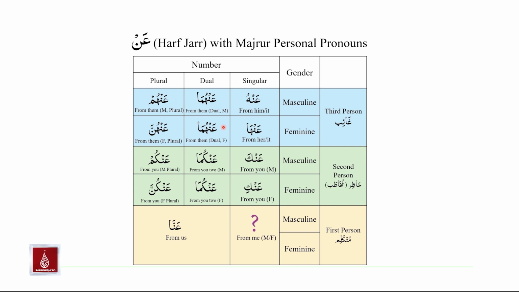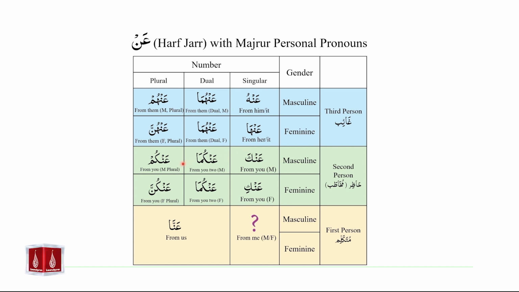Anha, anhuma, anhunna. Please note that we are saying anhuma, anhum, anhunna, not anhima, anhim, anhinna, because huma, hum, and hunna are not preceded by ya with sukoon on it or zair. Anka, from you. Ankuma, from you two.